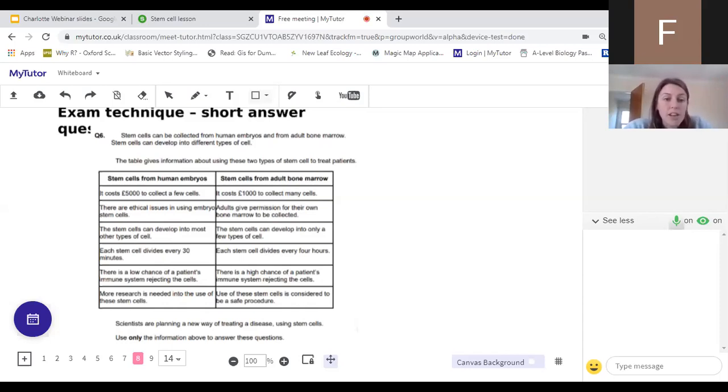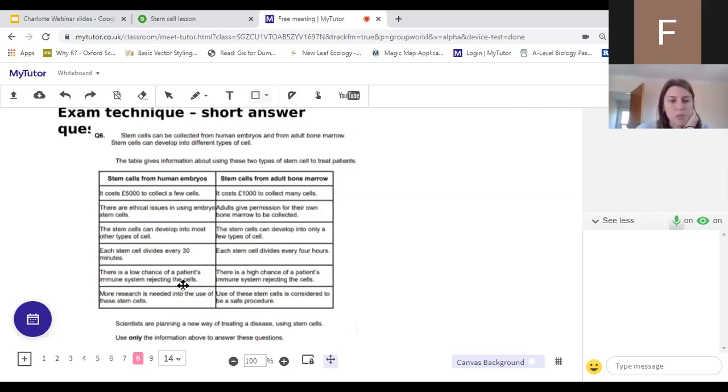There are ethical issues in using embryo stem cells, whereas adults can give permission for their own bone marrow to be collected. Stem cells can develop into most other types of cell when they're from an embryo, whereas stem cells from bone marrow can develop into only a few types of cell. Answered that one on the previous question. Each stem cell divides every 30 minutes for embryos, and every 4 hours for bone marrow, so bone marrow cells are a lot slower with their dividing.